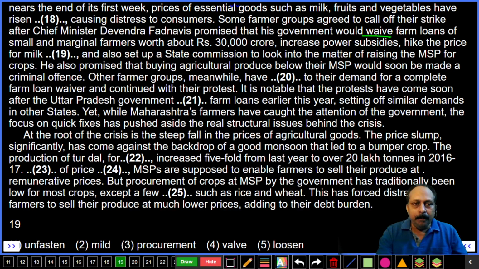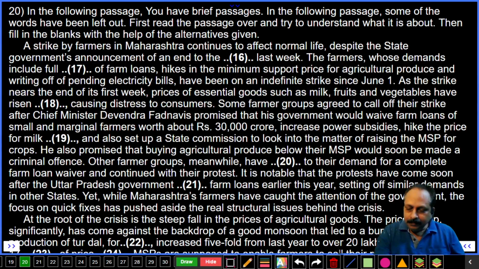Hike the price for milk procurement. Procure means to get. Usually it goes with companies, they procure a lot of stuff. The right word is procurement. All these are irrelevant words. The answer is the third option.